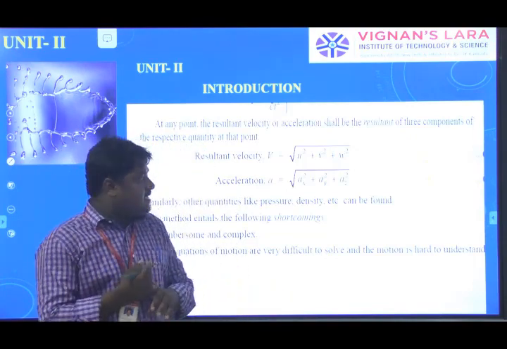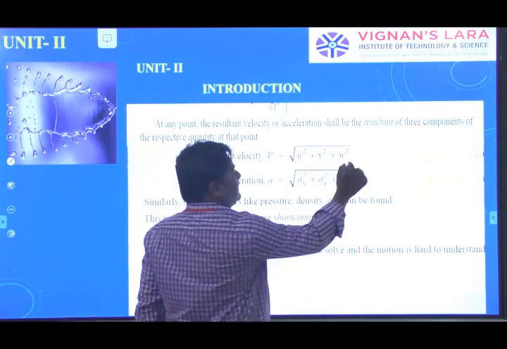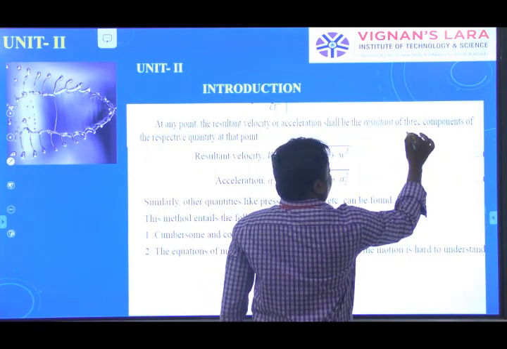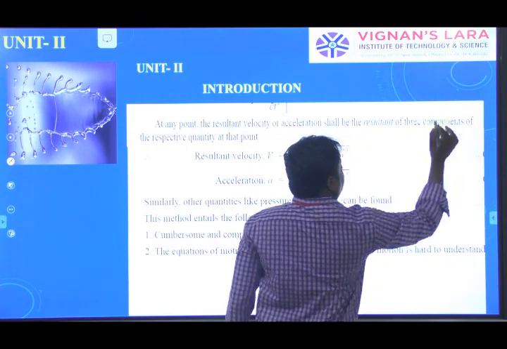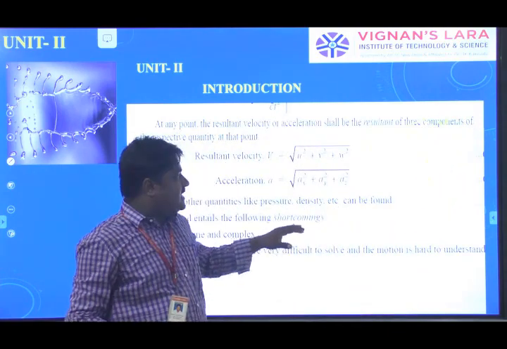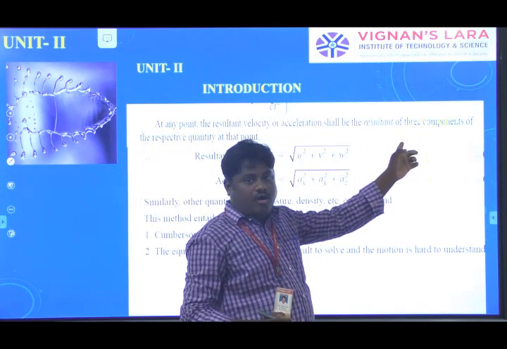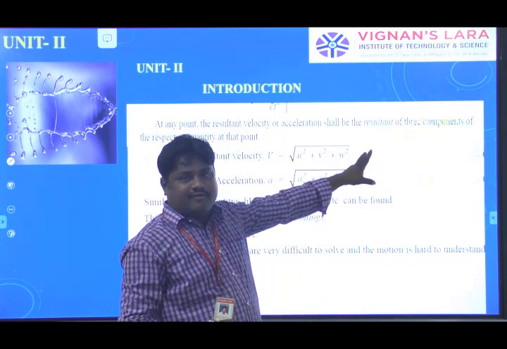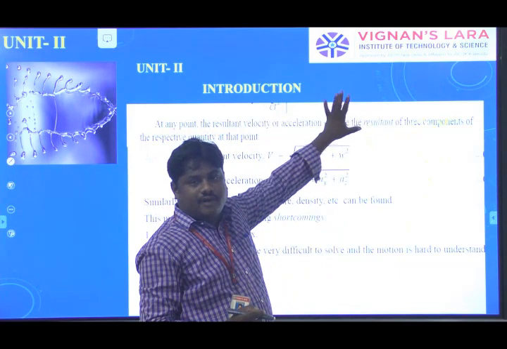The resultant force is calculated as R equal to square root of (sigma Fx) whole square plus (sigma Fy) whole square. This is the resultant of all forces, where sigma Fx is the summation of all horizontal forces and sigma Fy is the summation of all vertical forces. So this is the resultant of the body.